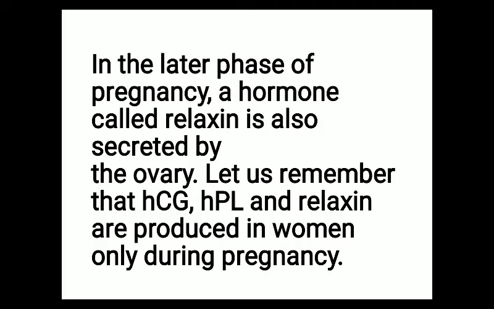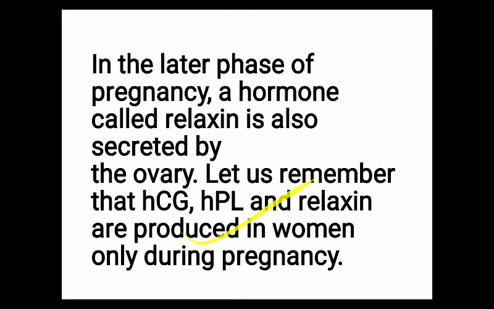In the latter phase of pregnancy, a hormone called relaxin is also secreted. This is also very important. Relaxin is secreted at the latter phase of the pregnancy, not during the early developmental stage. It is secreted by the ovary, sorry, not the placenta. Let us remember that HCG, HPL and relaxin, these three hormones are produced in women only during pregnancy.